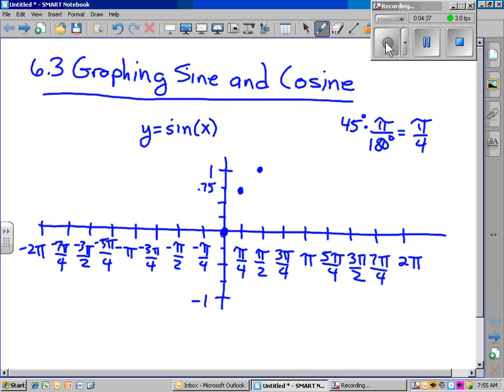Now, if you have those 3 points, you can draw the entire sine graph because they all repeat. You come back down. Next 45 is 0.7. The next 45, which would be 180, is 0. Then it dips down into the negative direction. 5 pi over 4 would be 0.7 negative.